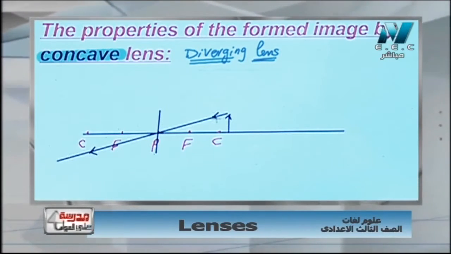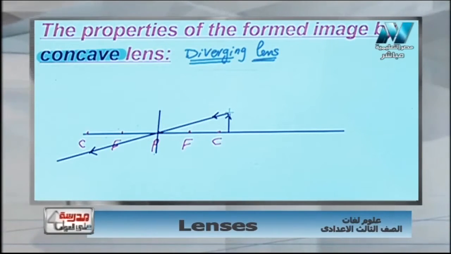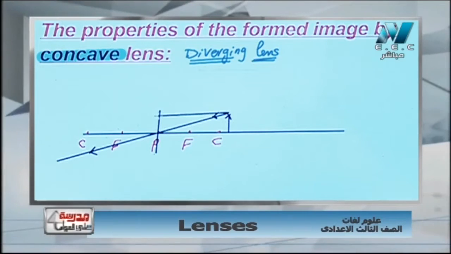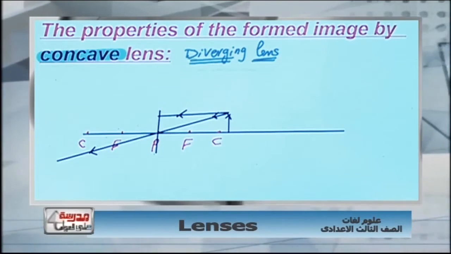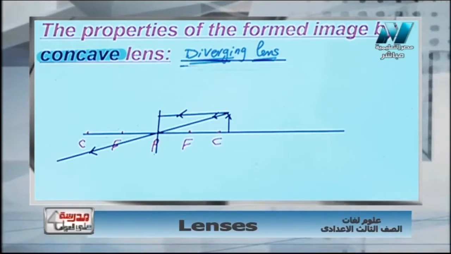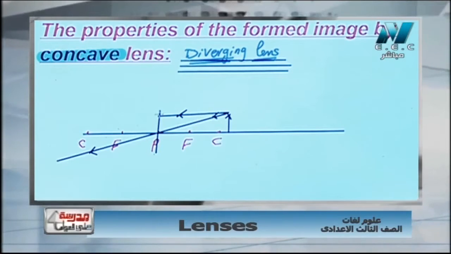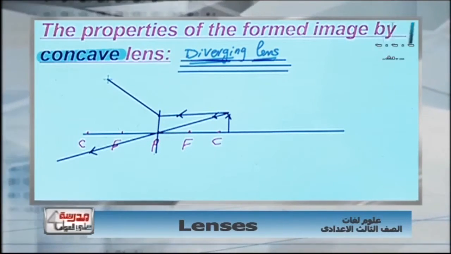Okay. And we have the rule for a light ray parallel to the principal axis. Here we have a light ray parallel to the principal axis, but the concave lens is a diverging lens. So the light will refract away from the principal axis.